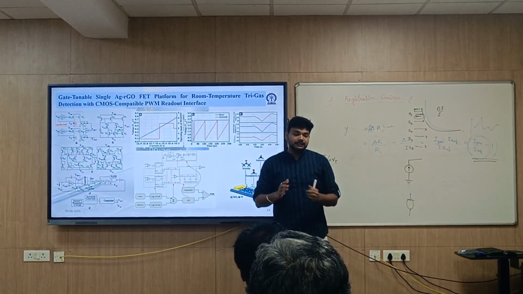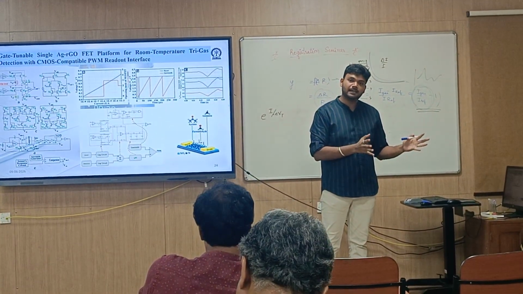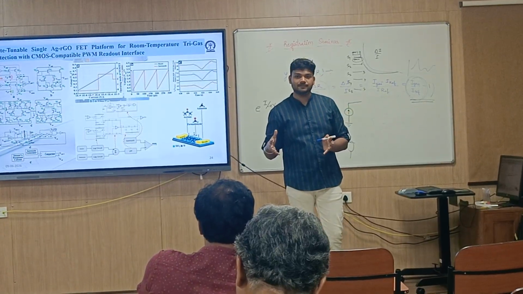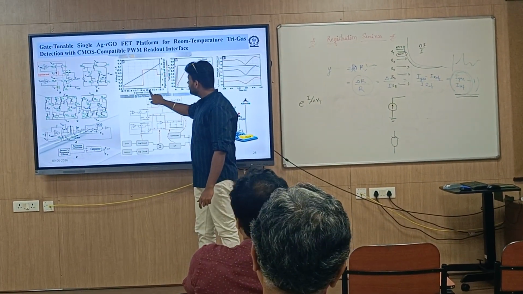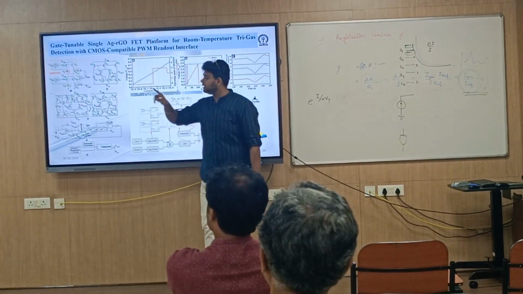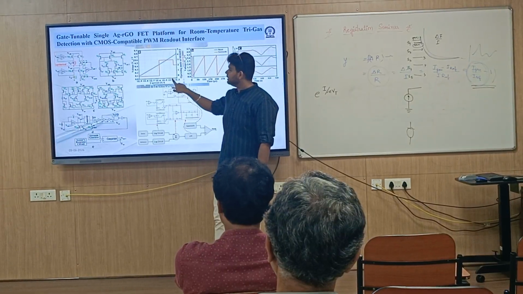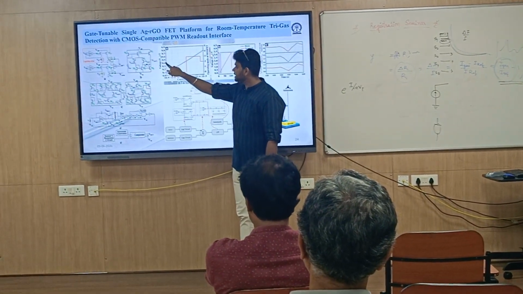For my circuit, I have seen that my sensor is linear, and my circuit is also linear. We checked by varying the sensor's current from nanoampere to milliampere. The output of the interface circuit is linear.